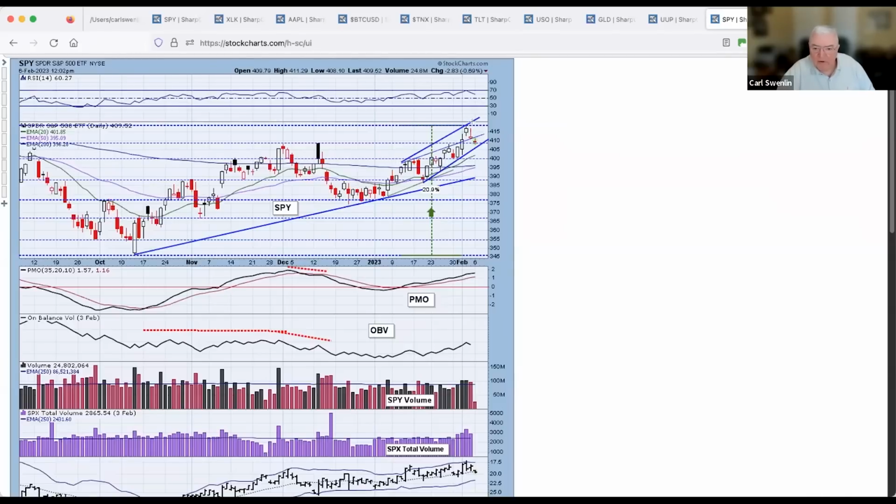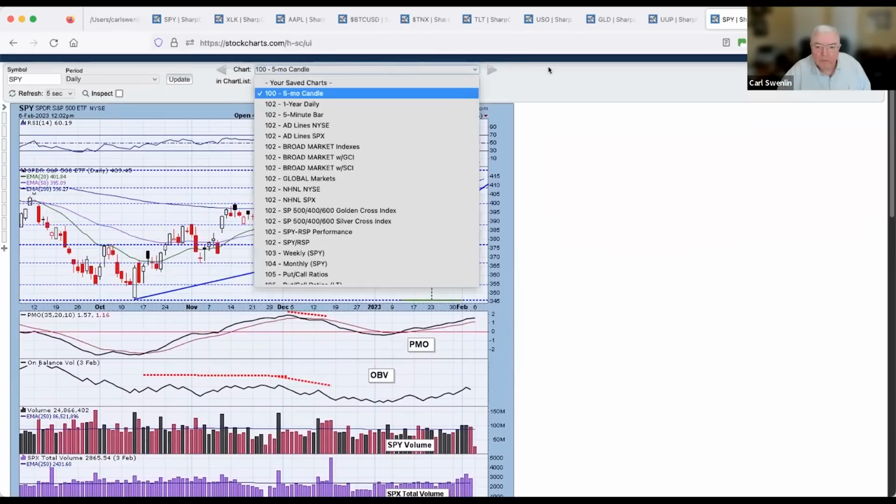And I've redrawn the top of the wedge, and it's looking kind of like a channel, but it is still a rising wedge. Notice we have a bottom above a bottom and a top above a top, and that's officially a rising trend, and I would call it an intermediate term rising trend.